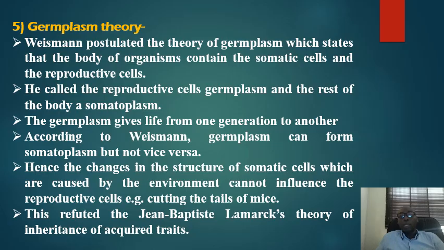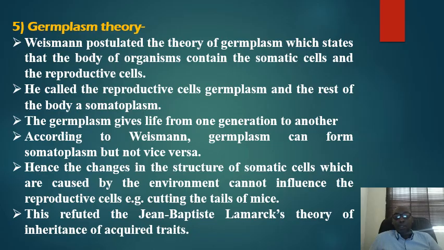But now we know that the body cells are somatic cells and reproductive cells are gametic cells. The germplasm gives life from one generation to another. According to him, germplasm can form somatoplasm, but somatoplasm cannot form germplasm, which is absolutely correct.